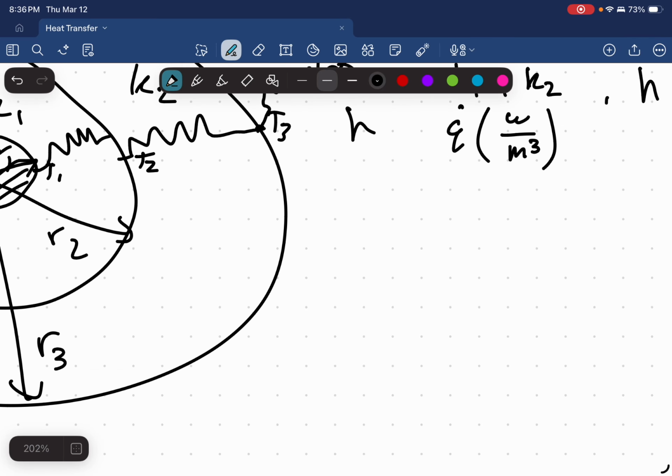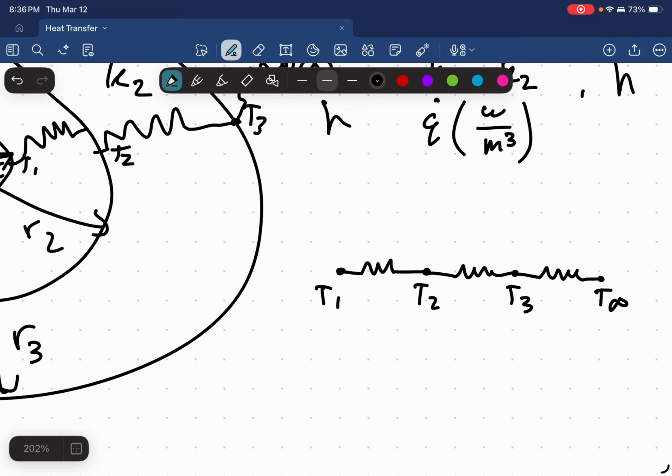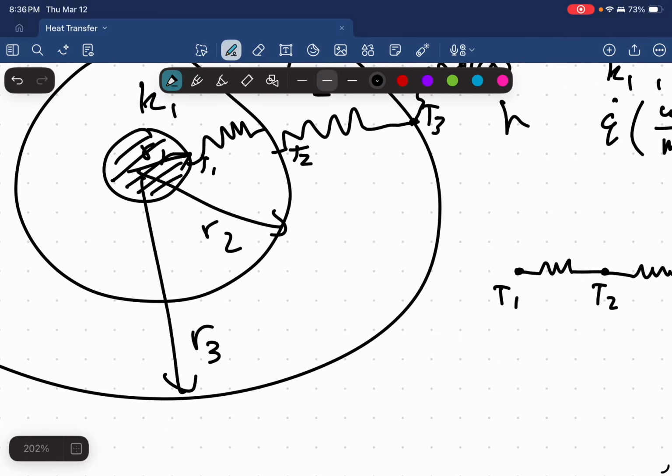So to draw that a little more neat, we'll have T1, T2, T3, and T infinity. And unlike the last problem, the heat gen is happening all inside of radius 1. So this is like the center, I guess.